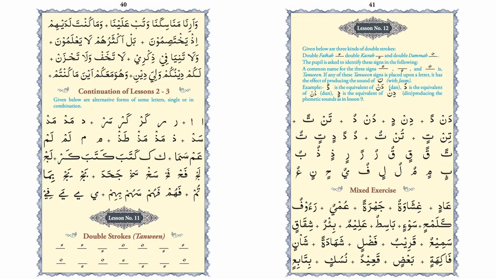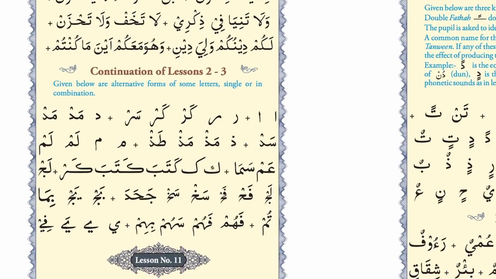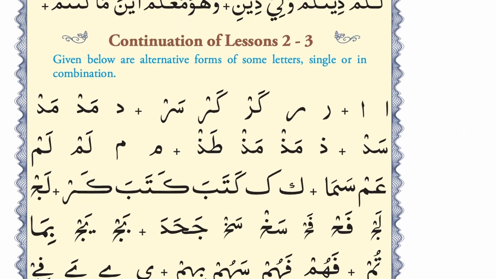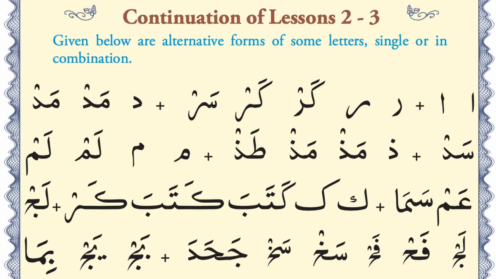Now on page number 40, which is the last page for today's lesson, we see another thing, a continuation of lessons number 2 and 3. The purpose of this lesson is to show the child and the reader that there are different styles of writing the letters in Arabic.